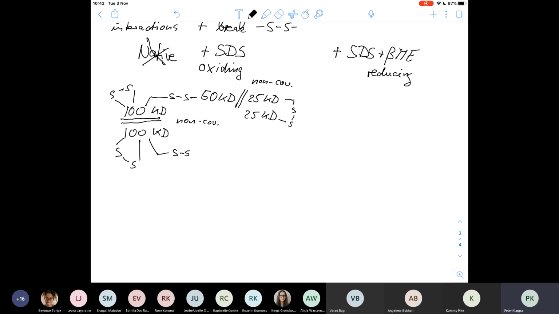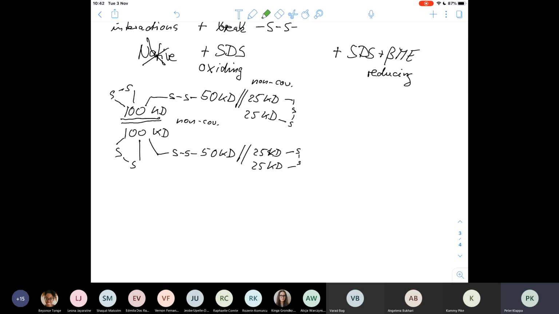Via disulfide bond, it is again connected to a 50 kilodalton protein, which is connected to 25 kilodalton and 25 kilodalton, and these two are connected by disulfide bonds.